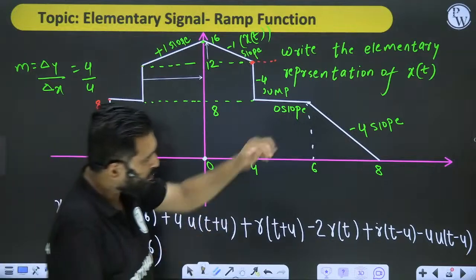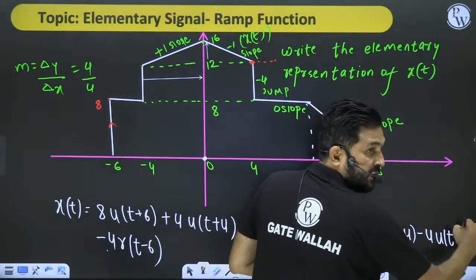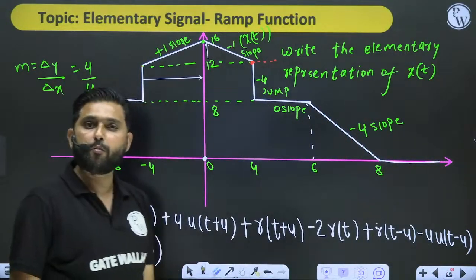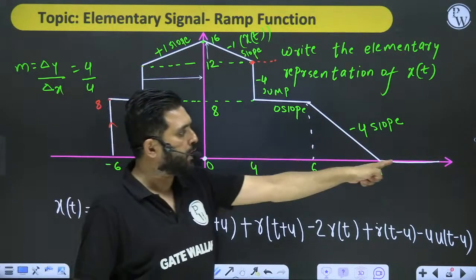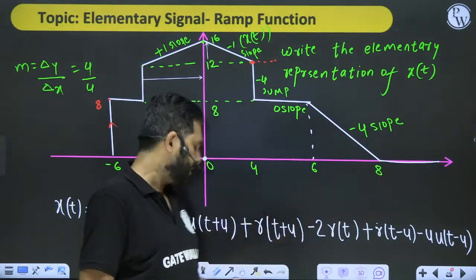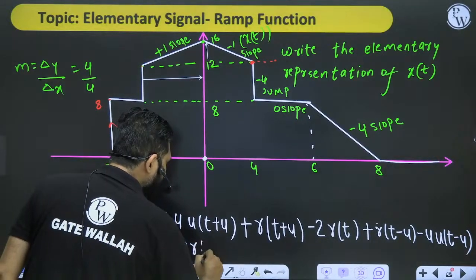But if you do not stop this, the line will go like this. But you have to stop it, that is, you make it 0. How will you make it equal to 0? If you add a plus 4 slope line at 8, then this should be plus 4 r t minus 8.